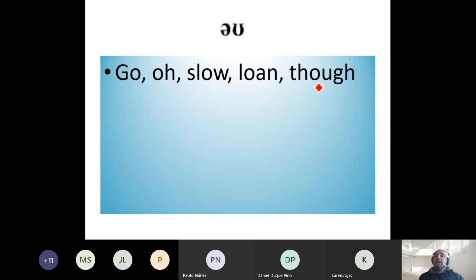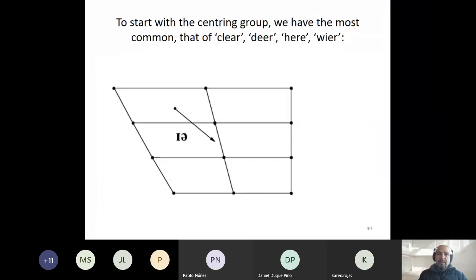Remember that General American usually does not have a lot of these diphthongs, mostly RP. And the centering diphthongs obviously connect that concept with center.